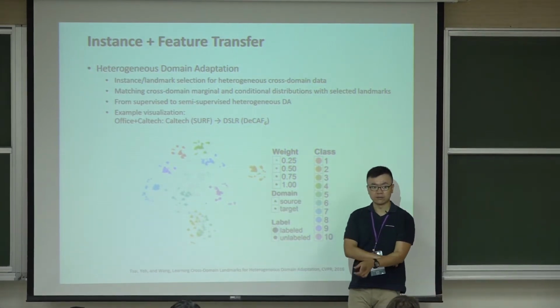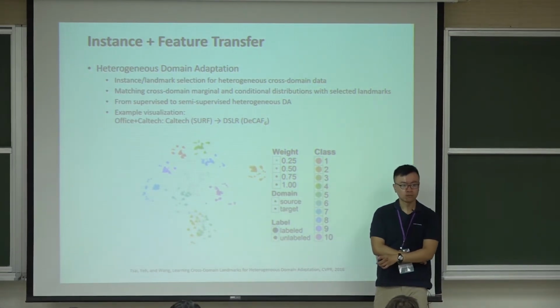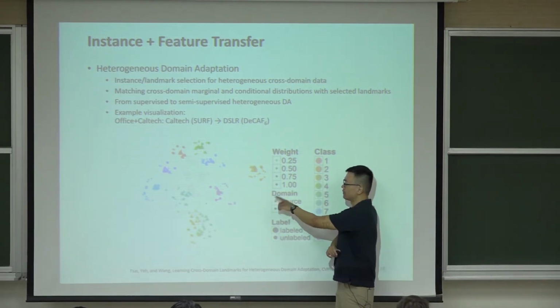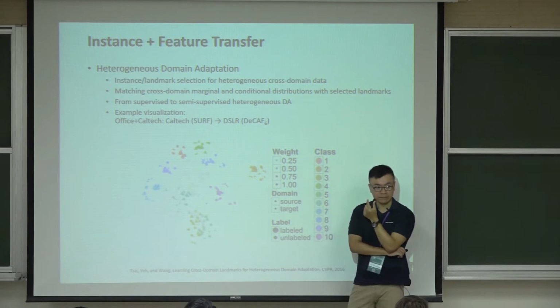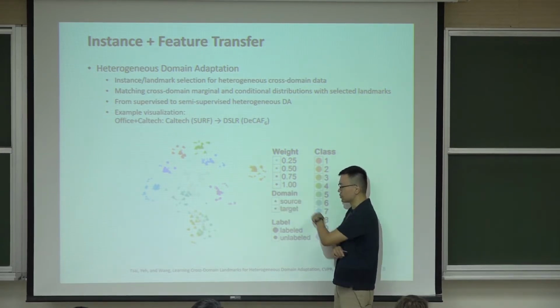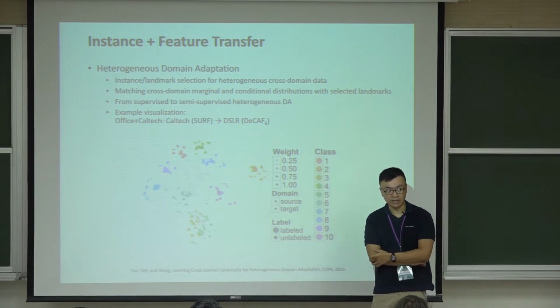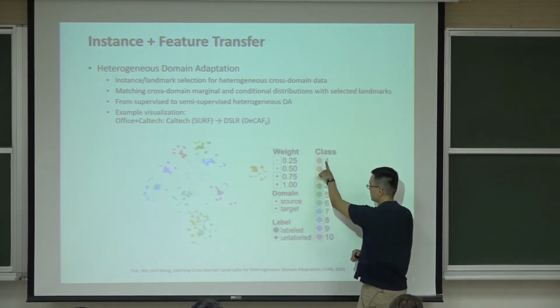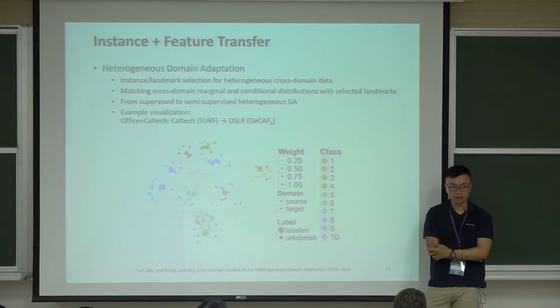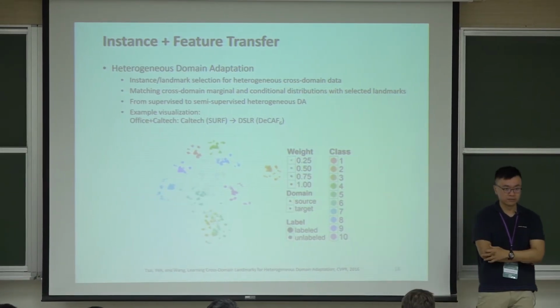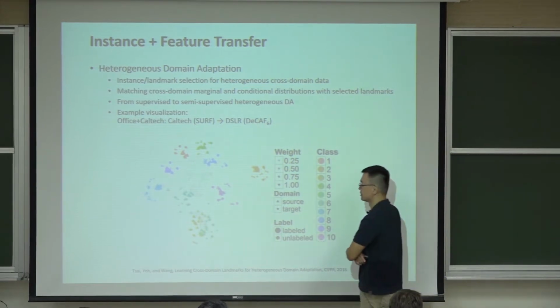So after domain adaptation, what is the ideal case? The ideal case is that the data across two domains, with circles and with triangles, should be as close to each other as possible, right? And at the same time, data of the same category should also be very close to each other. So you can see this is the example.